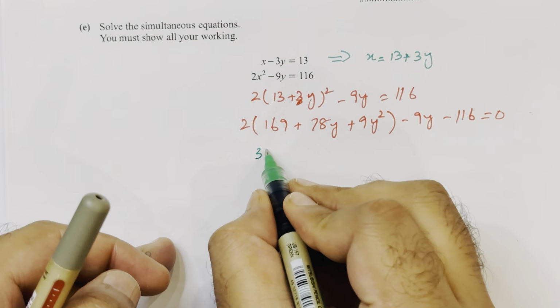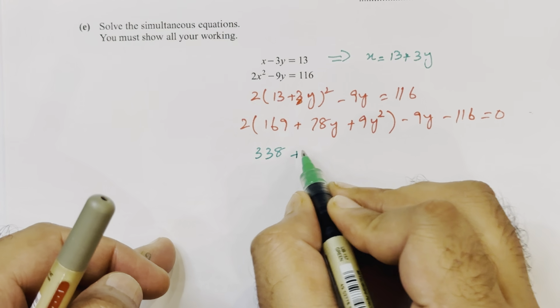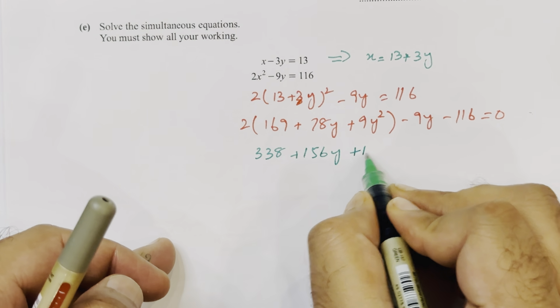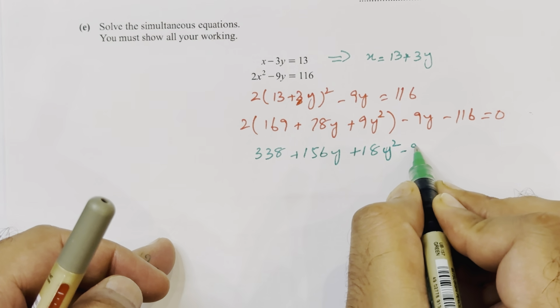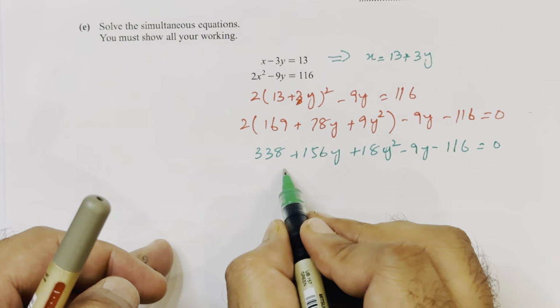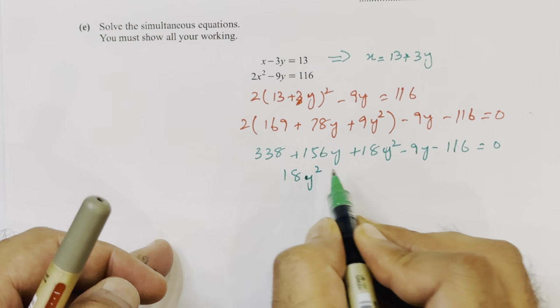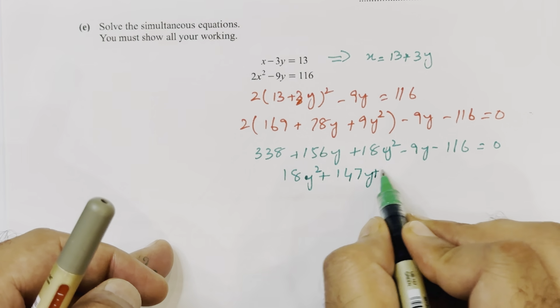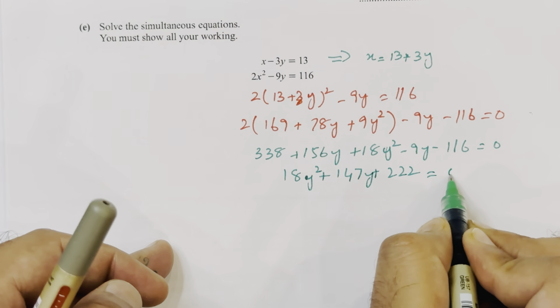After solving it, it would be 338 plus 156y and plus 18y square minus 9y minus 116 equal to 0. Further simplifying, 18y square plus 147y then plus 22 equal to 0.